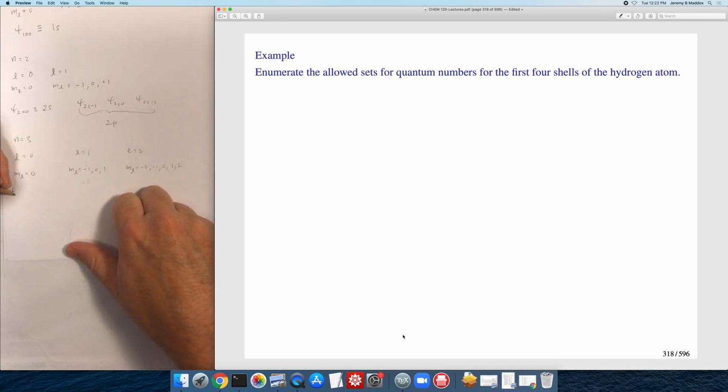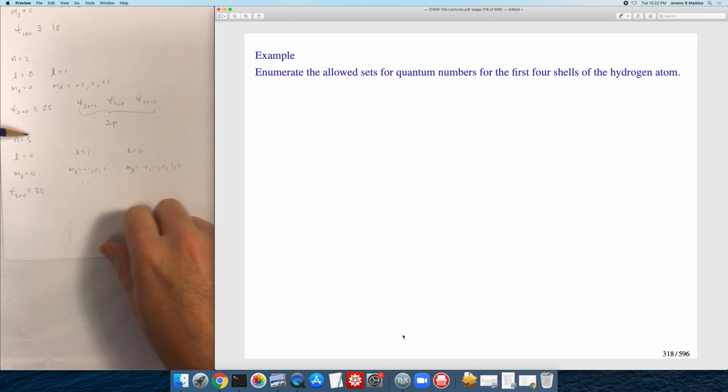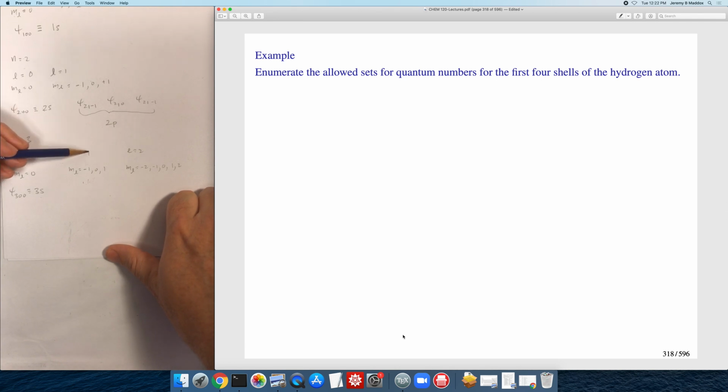So we have a psi 3, 0, 0. That we call a 3s orbital. It's n equals 3. Because it's L equals 0, it's an s-type orbital. For the combinations where n equals 3, L equals 1, and m sub L can take on these values, we're going to wind up with a 3, 1, -1, a 3, 1, 0, and a 3, 1, +1.